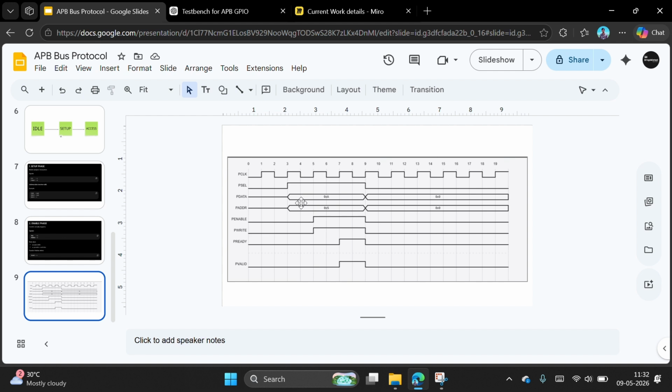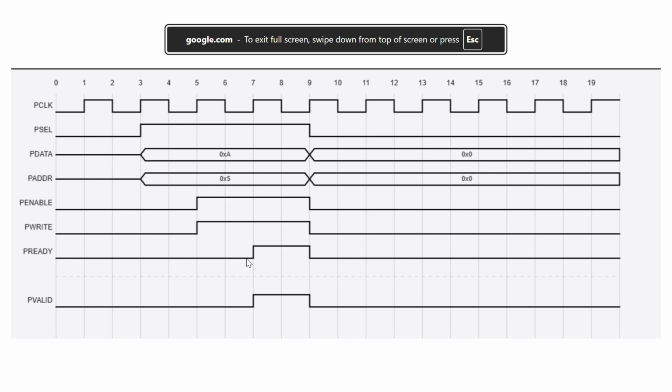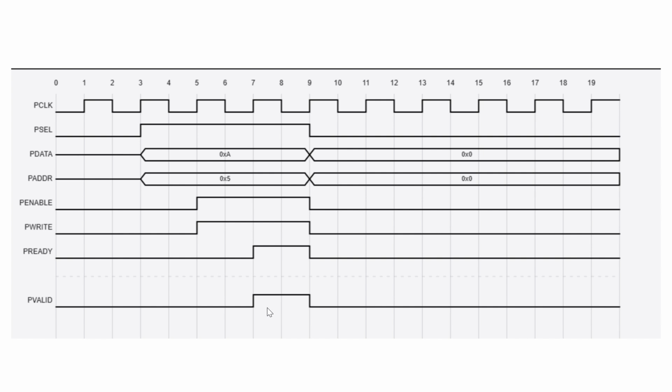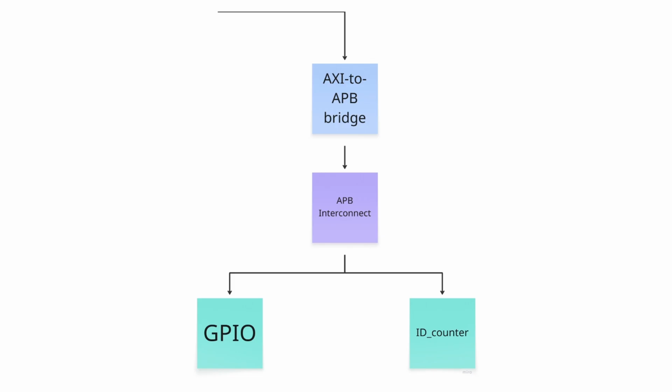And P-select signal will be ready to select the right peripheral. And there is enable phase or access phase. In this access phase, the actual task takes place, like write or read operation will be taking place. Once the transfer is complete, it will be sending the P ready signal and the master will send the P valid signal. So this is the simple explanation of the APB protocol.